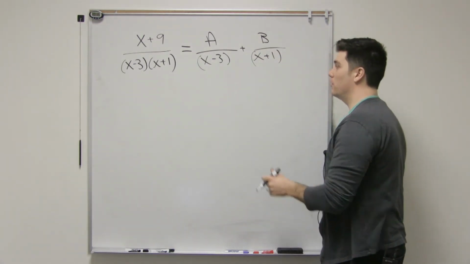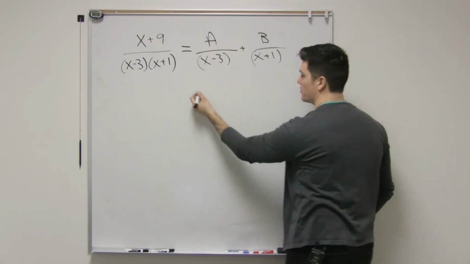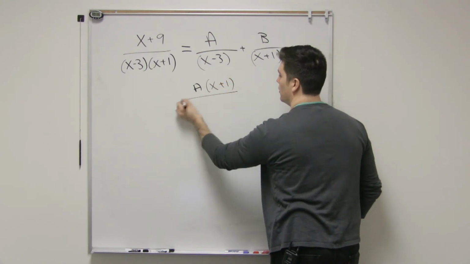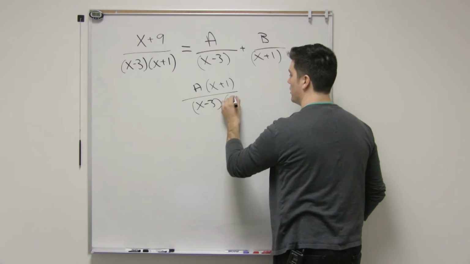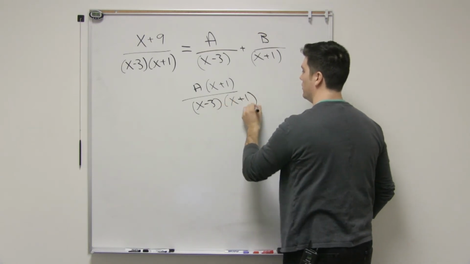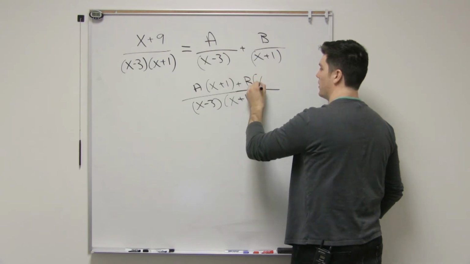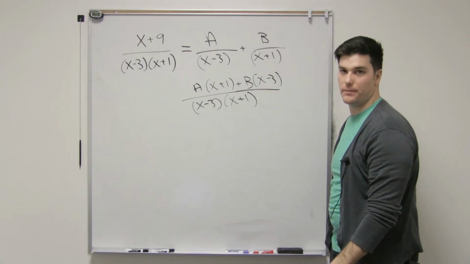So now we're going to do the same thing as we did before. We're going to combine these fractions, so we get a times (x plus 1) over (x minus 3)(x plus 1), plus b times (x minus 3) over that same thing, right?